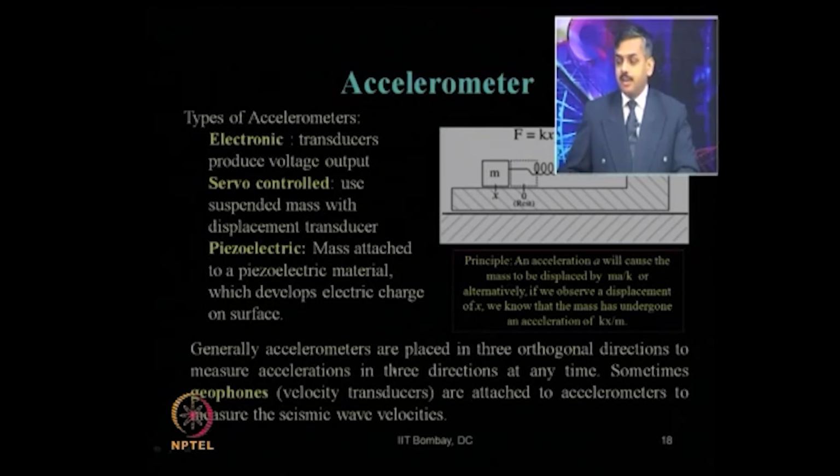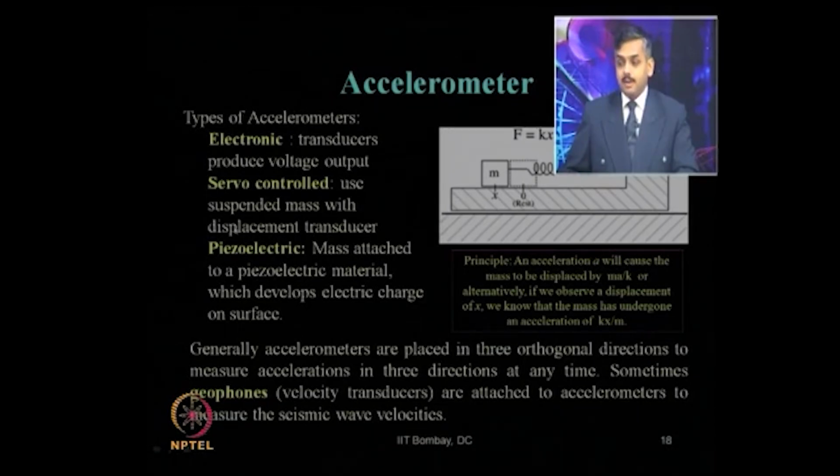So, generally accelerometers are placed in three orthogonal directions. As I have already mentioned, three orthogonal directions, like two horizontal and one vertical, to measure the accelerations in three directions at a time. And sometimes the geophones, which are nothing but velocity transducers, are also attached.